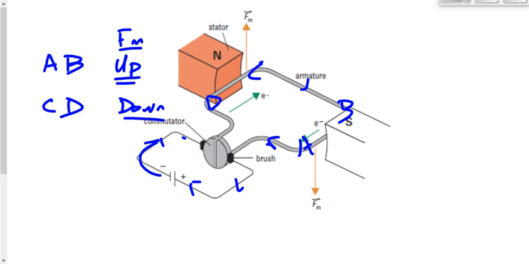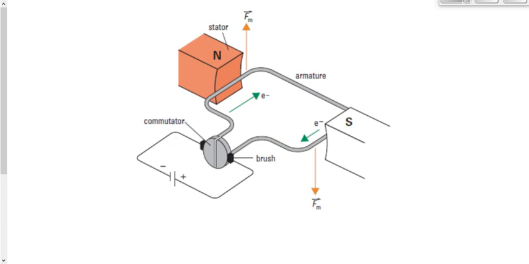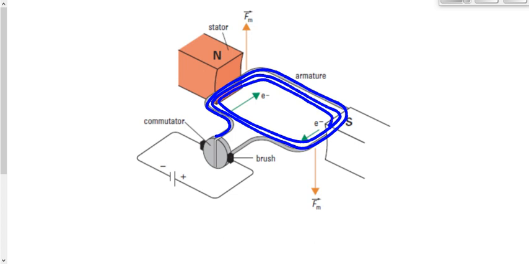Increase current, increase magnetic field strength, increase the length of the wire. And the way that you normally increase the length of the wire would be to do something like this. Here's one wire. Loop it around like this. What happens every time I loop it around? Yeah, I basically double it, right? I'm doubling the length of the wire.